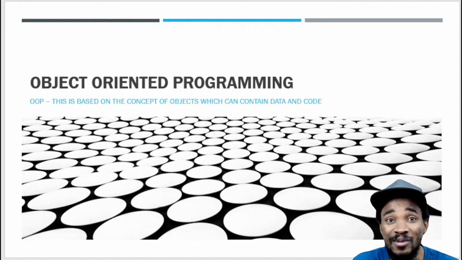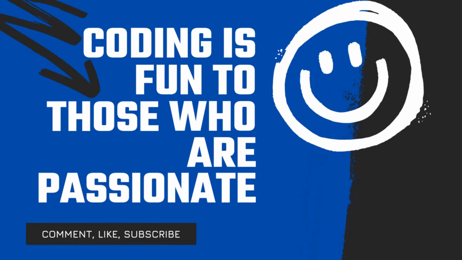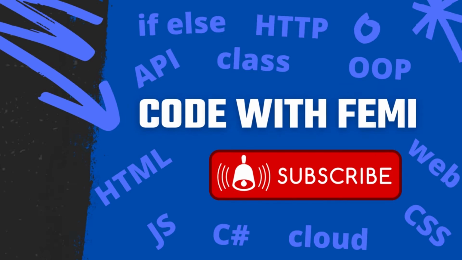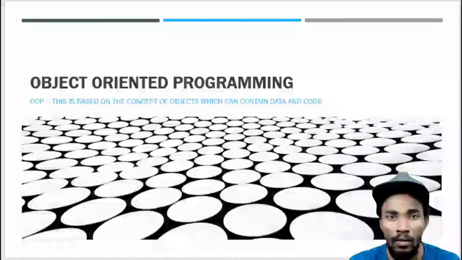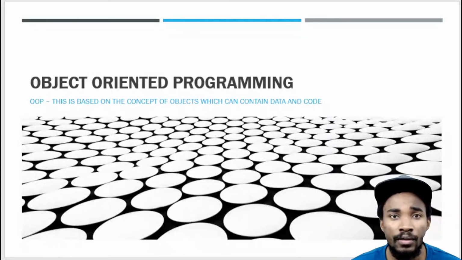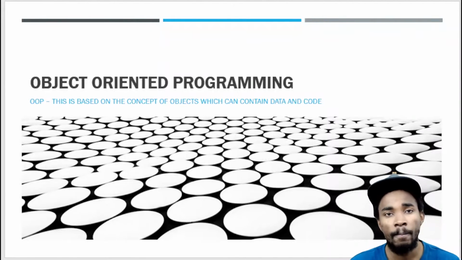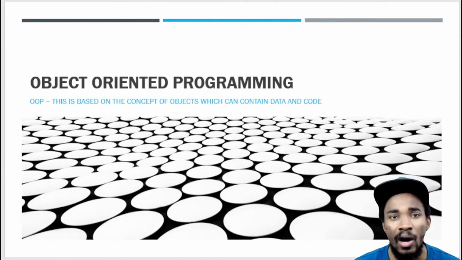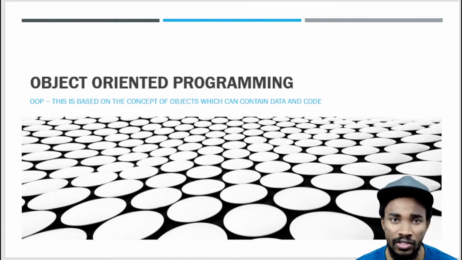In this video, we're going to be looking at object-oriented programming. Object-oriented programming, for short, is OOP. This is you thinking about the concept of being able to organize or structure your software around your objects and data rather than focusing on your functions and your logic.